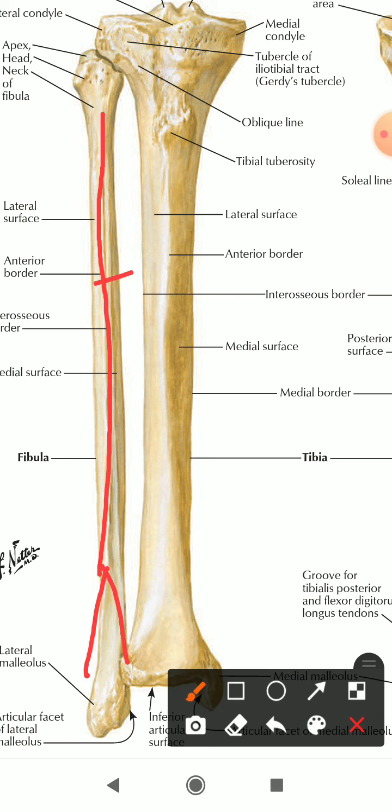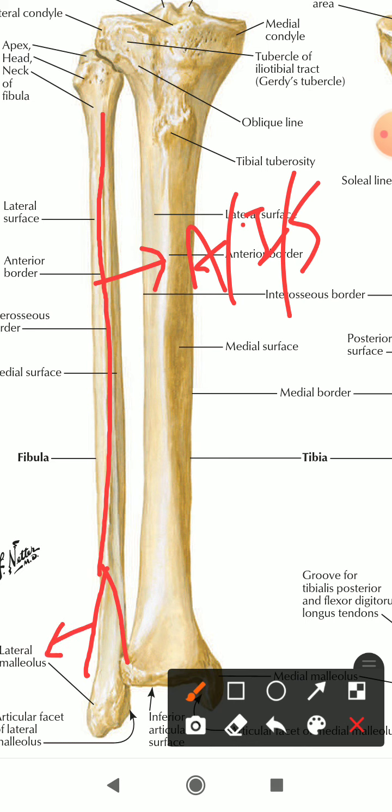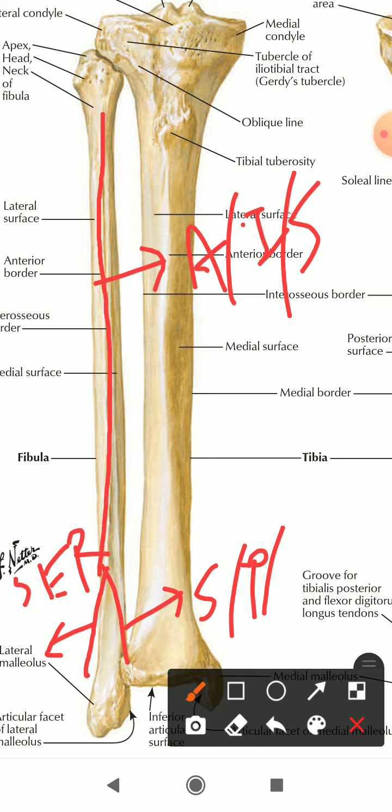So there is attachment of the anterior intermuscular septum, on the anterior margin there is attachment of the superior extensor retinaculum, and on the posterior margin of this triangular area there is attachment of the superior peroneal retinaculum.